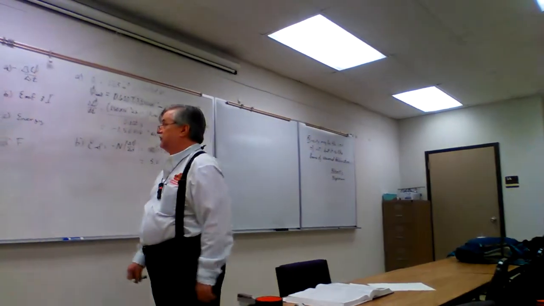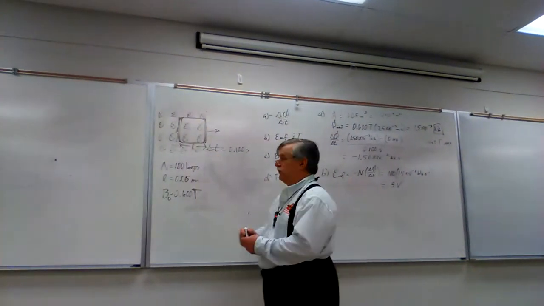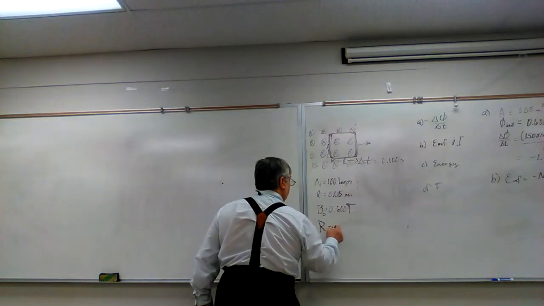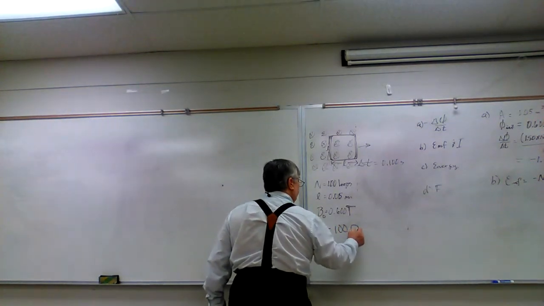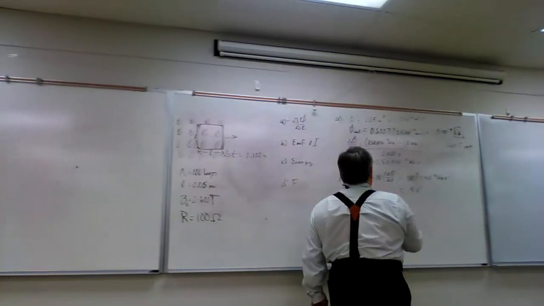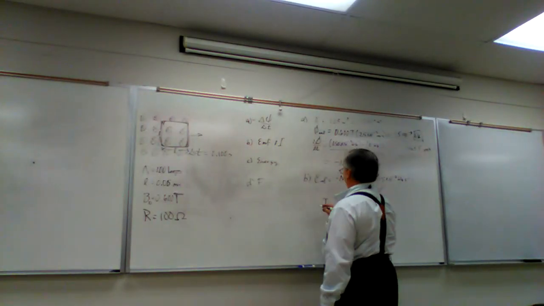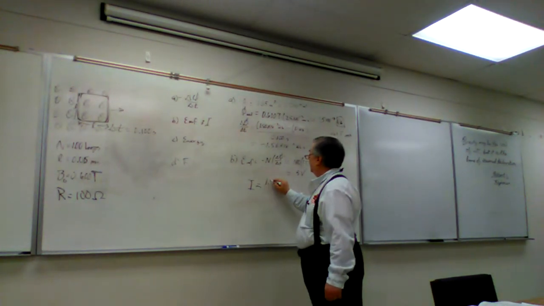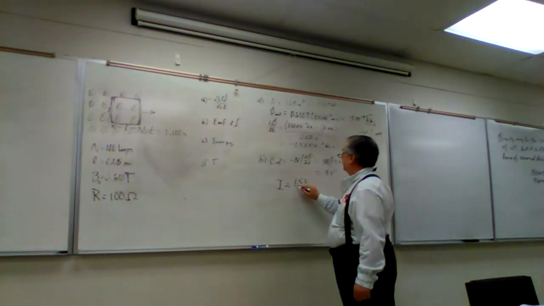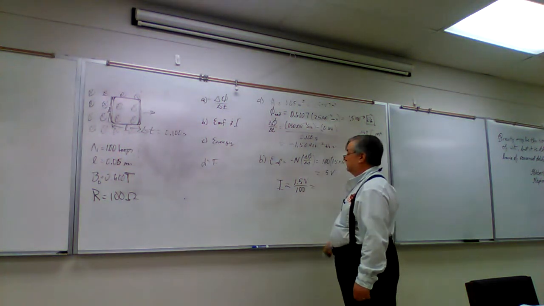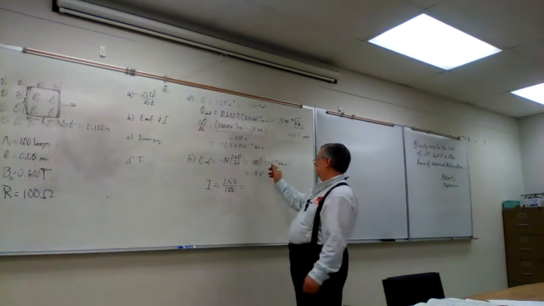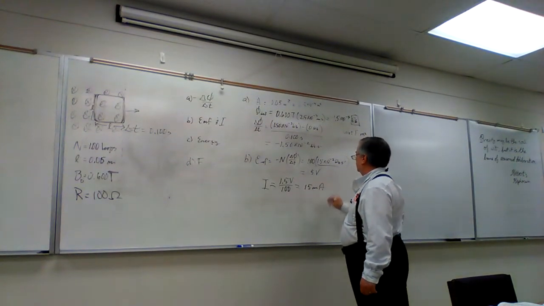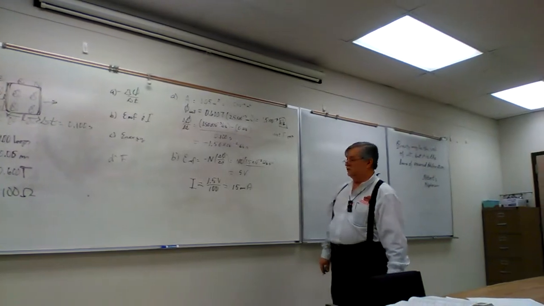They said the resistance of this 100 loop coil, the total resistance, is 100 ohms, which means that current that flows clockwise is going to be 1.5 volts divided by 100 ohms, which is, we're back to 15 milliamps. 1.5, or 15 times 10 to the minus 3.